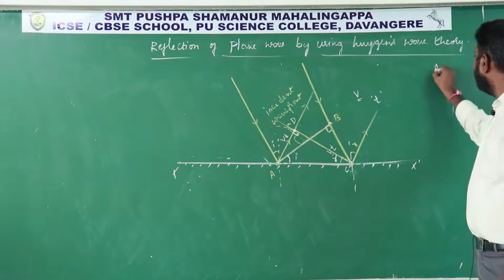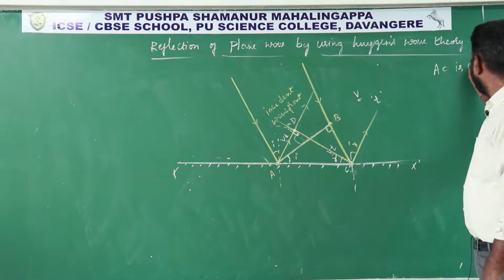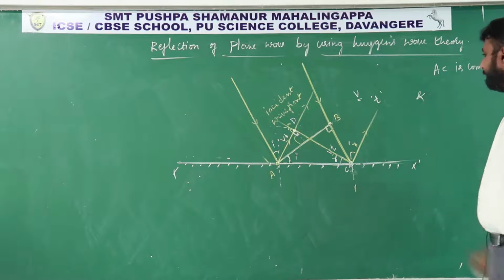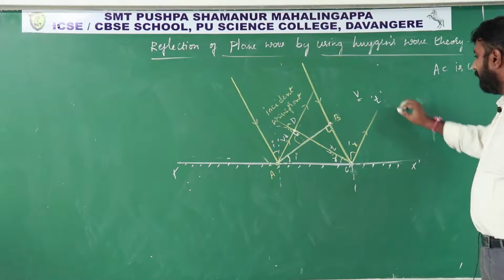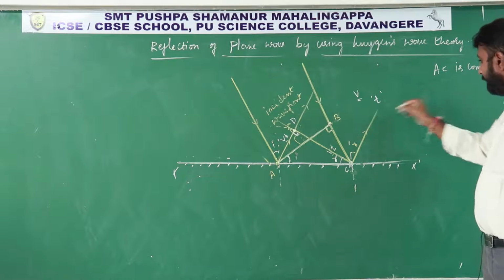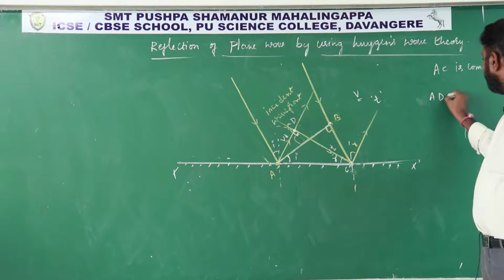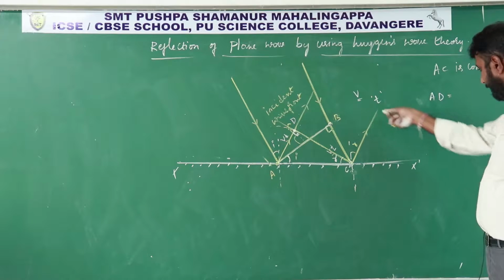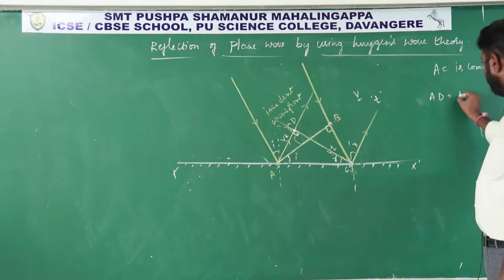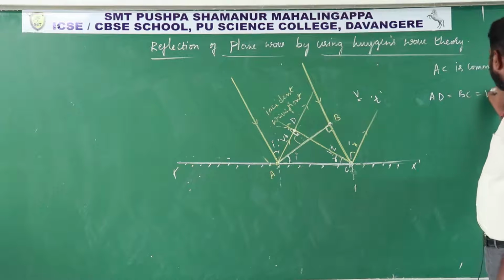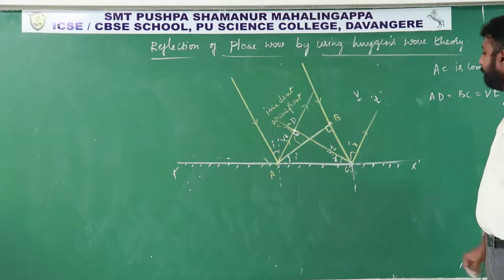Why? Because AC is common, and AD distance equals BC distance, both equal to V into T.